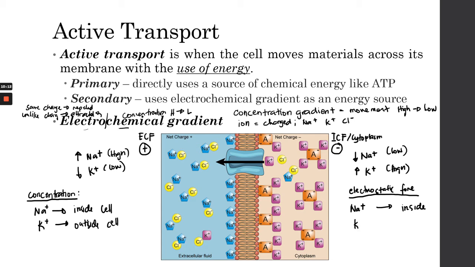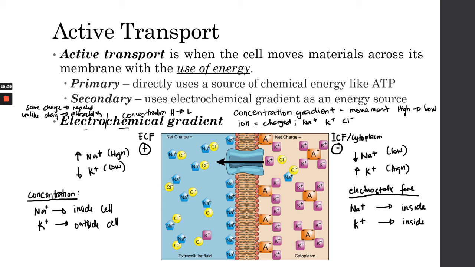But for potassium ions, because the inside of the cell is negative, it also wants to go inside of the cell, which is kind of opposite to the direction of its concentration gradient.